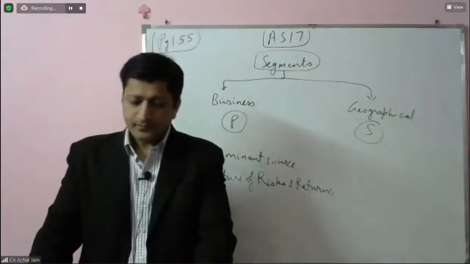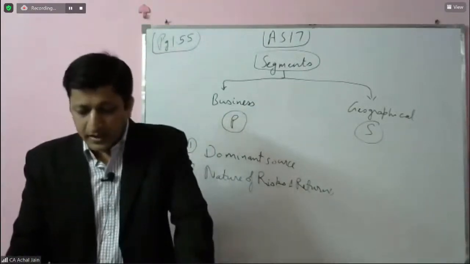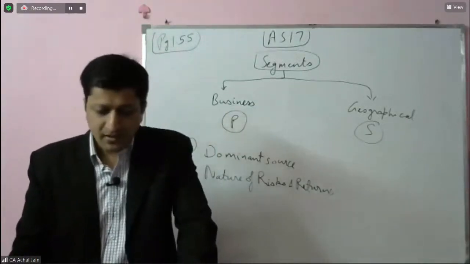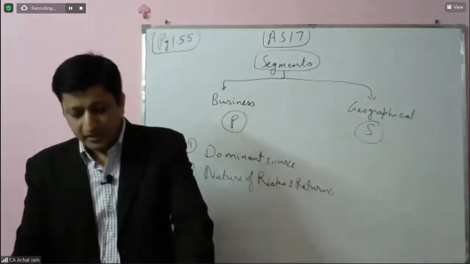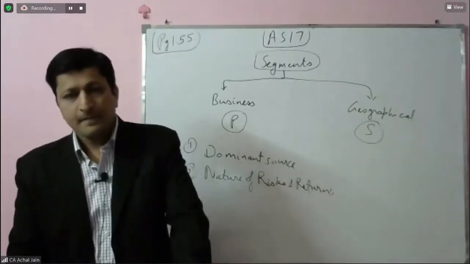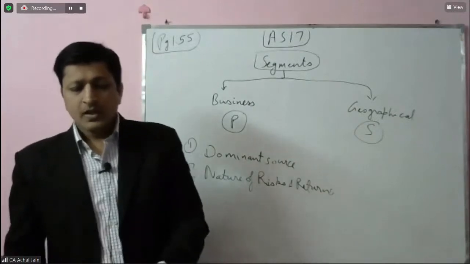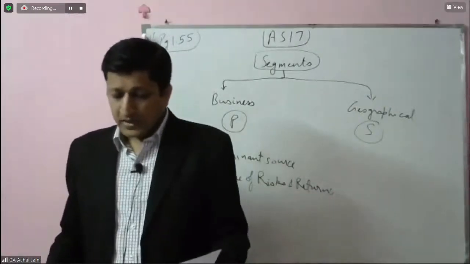And if such an internally reported lower level segment meets the definition of business segment or geographical segment, the criteria for identifying a reportable segment should be applied to that segment. Okay. So now what is it that we are trying to cover over here? Let's understand.